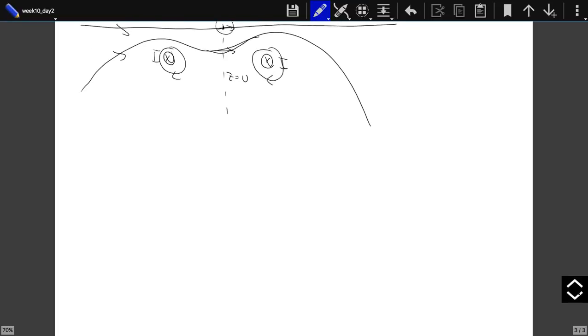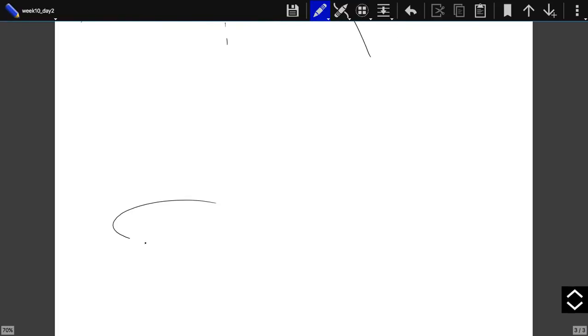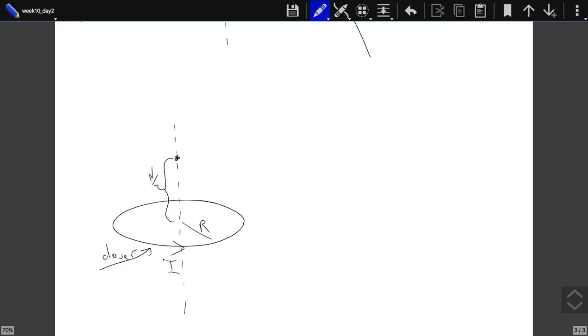So let's look at that problem first. So we have our ring, and at the center, at a distance d over 2, we have a magnetic field. We would like to find the magnetic field at that point. And there is a current I running through it.